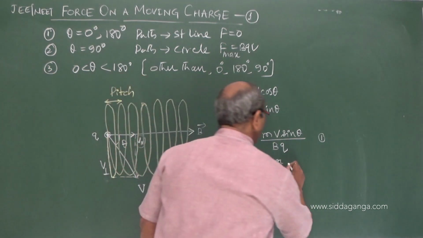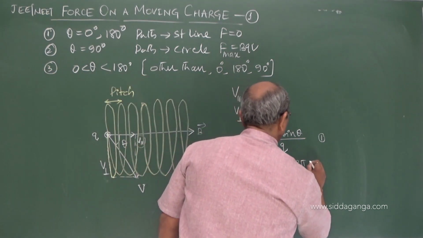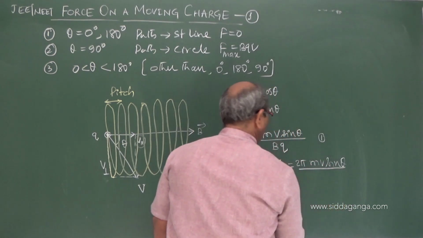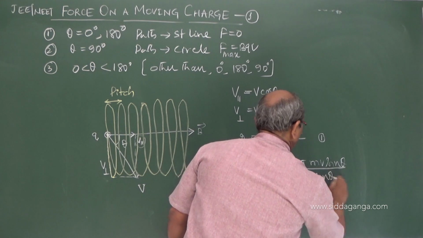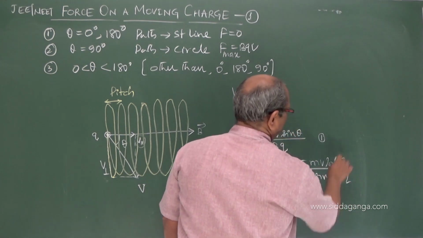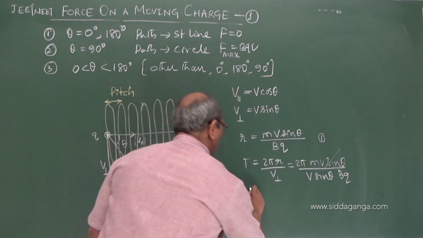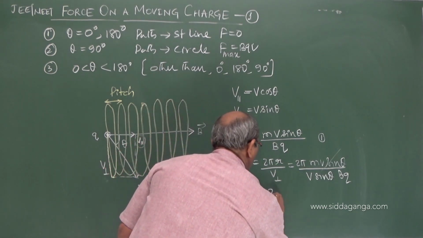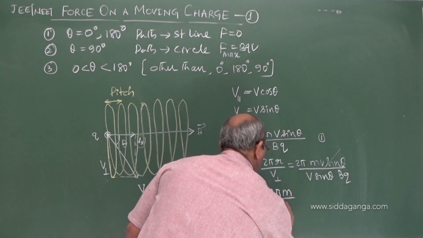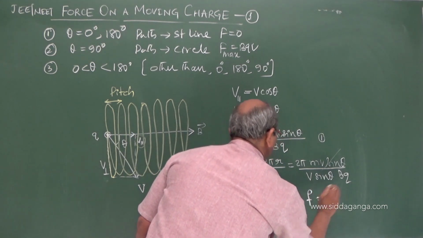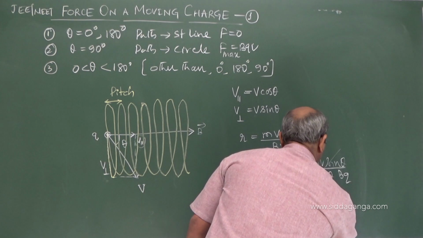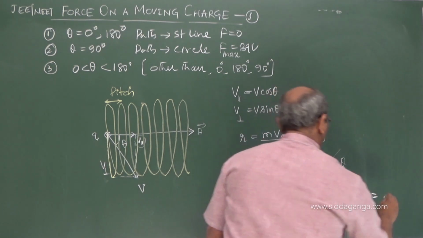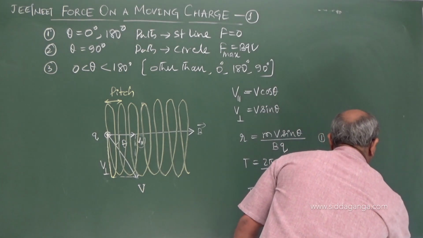What is r? 2 pi m v sin theta by v sin theta into Bq. So v sin theta and Bq cancel. What we got is again T equal to 2 pi m upon Bq, or frequency equal to Bq upon 2 pi m, or angular velocity equal to Bq by m.